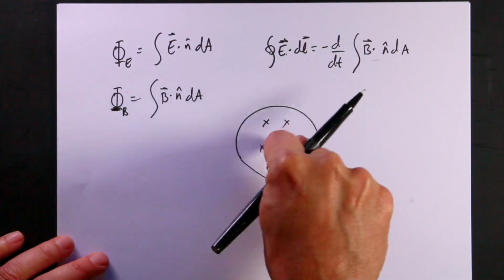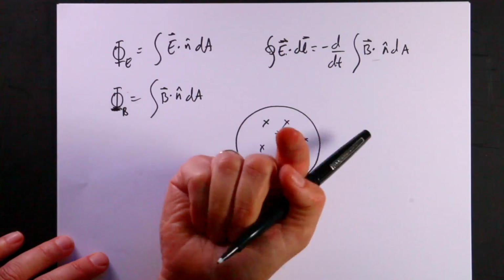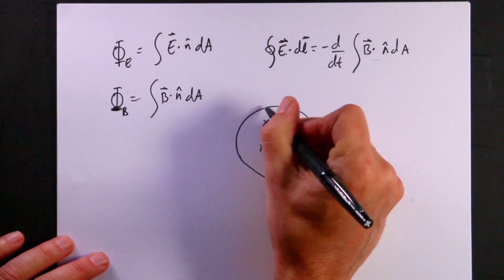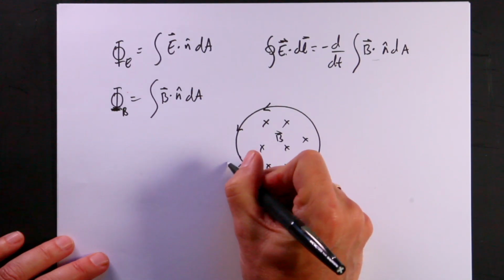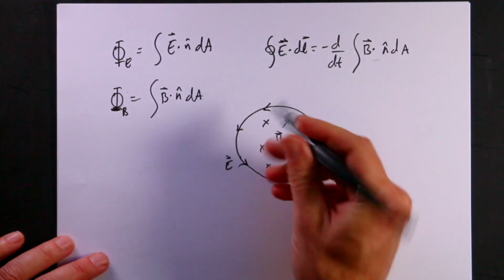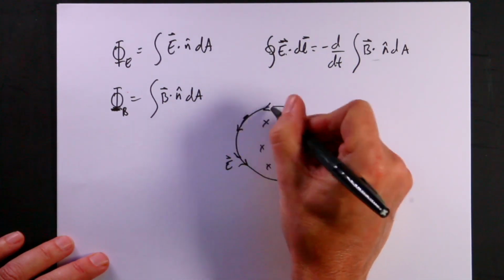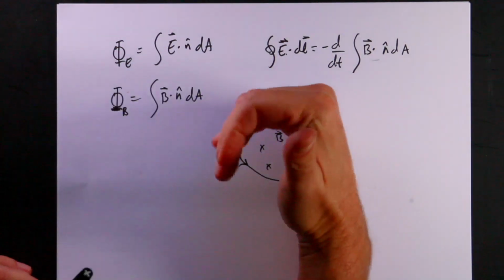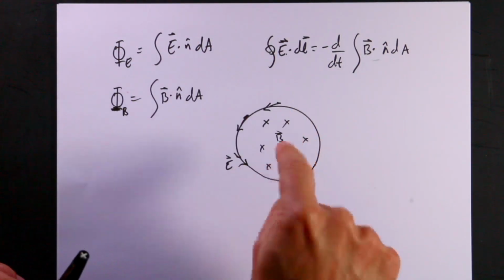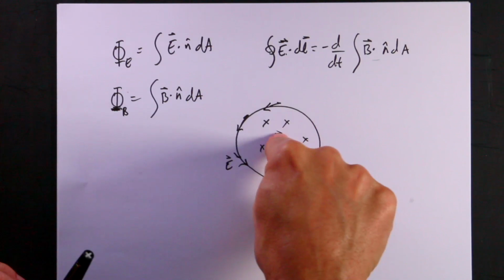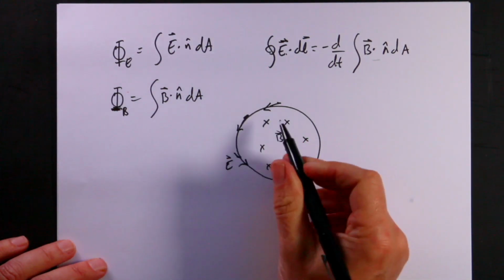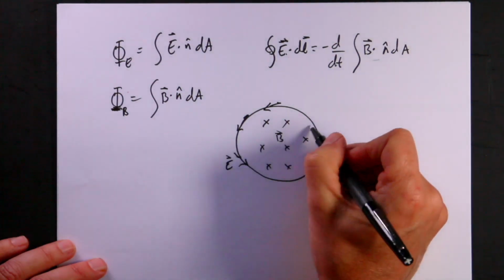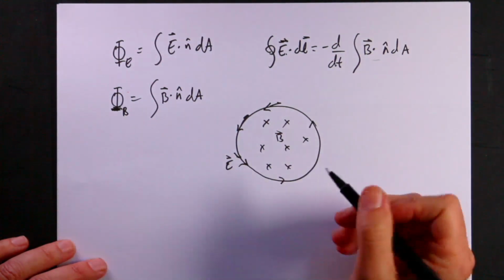So the magnetic field is increasing this way, so it wants to make a magnetic field coming this way. So if the current went this way, and the electric field that way, those are straight vectors, that would produce a magnetic field going this way to fight the change. So I'm going from no change to that way, and that would be the change, the electric field around the loop.